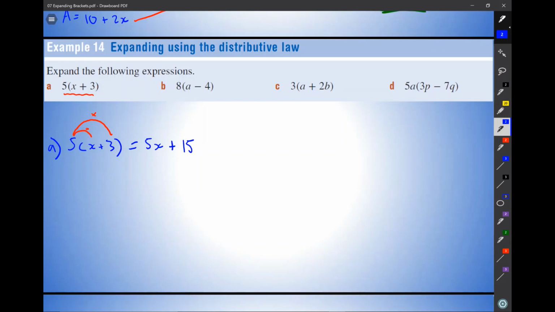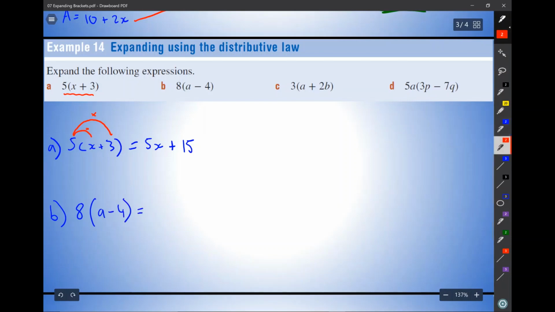I'm going to show you again on the second example. We take the number outside the brackets and we times it by the first thing inside the brackets, 8 times a. And then we take the number again and we times it by the second thing in the brackets. This time, let's do this in 2 steps, just so we make sure we deal with the negative properly.